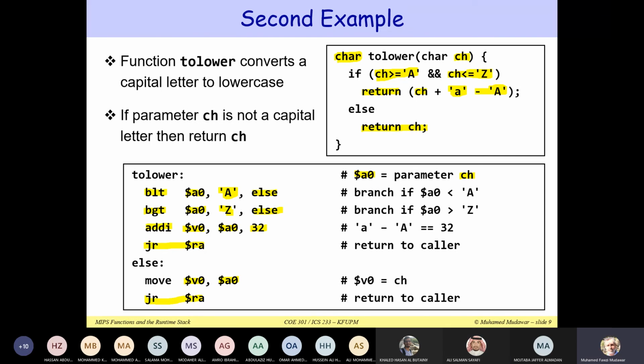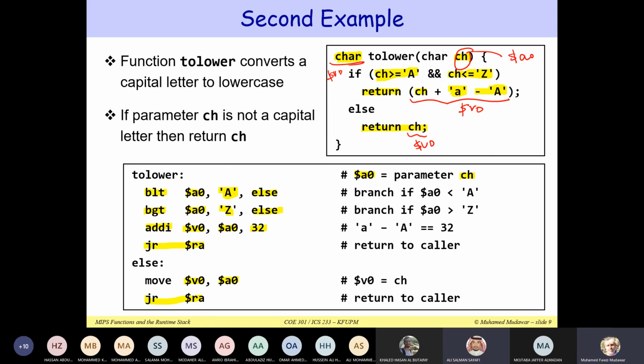When I say return, it means whatever you are computing here must be returned in V0. The result here must be returned in V0. This ch here is passed in A0.